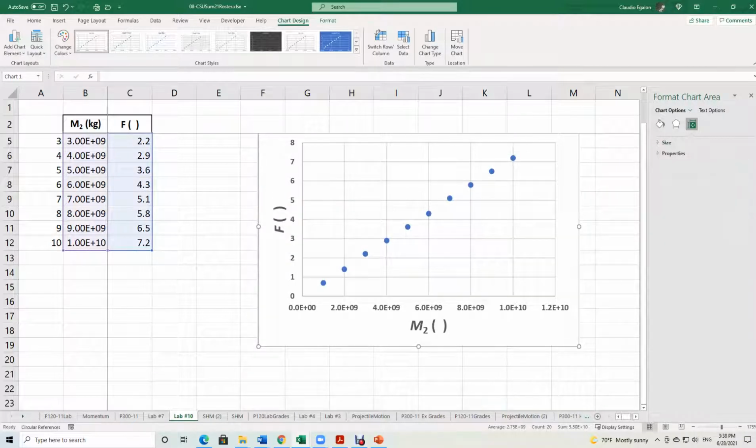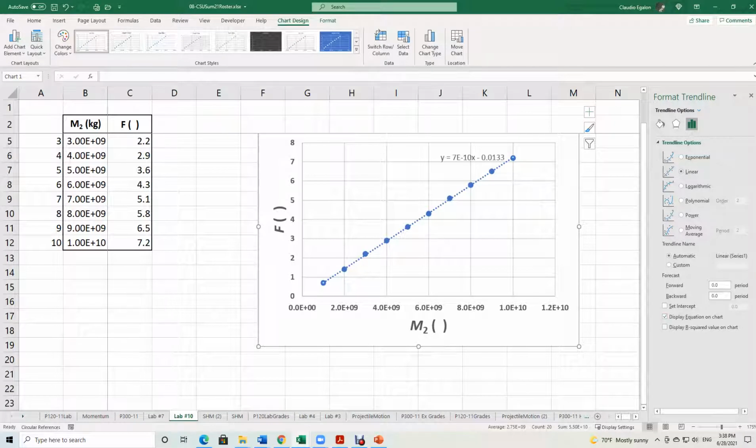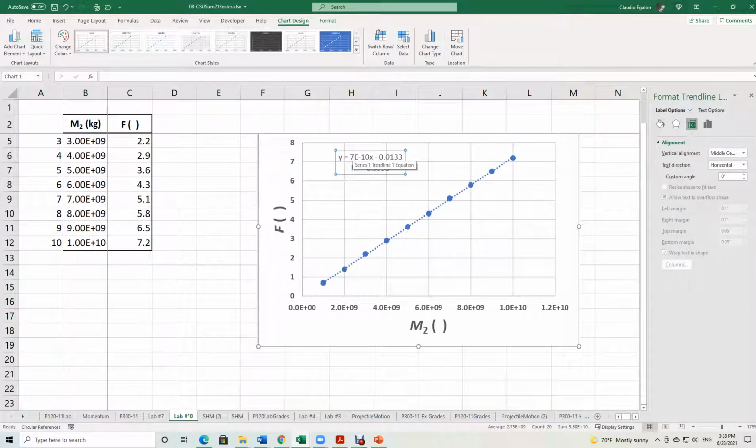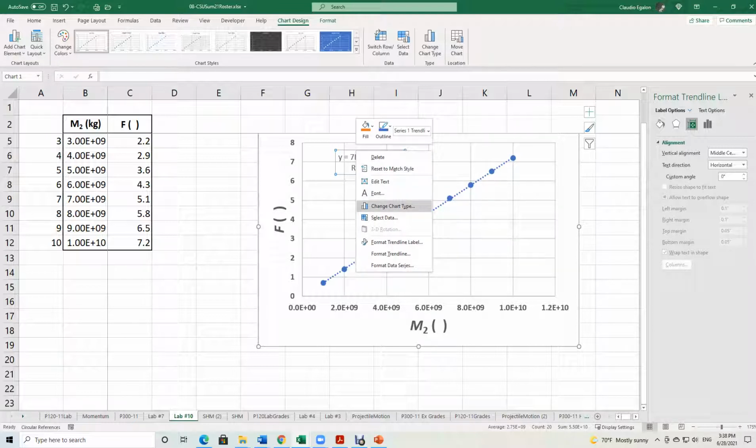And what else are you going to do? You are going to get the trend line of this plot. Here you go. I got my trend line, but I want an additional decimal place in there. Let's see if I can increase the number of decimal places. Format trend line label, that's what you do.